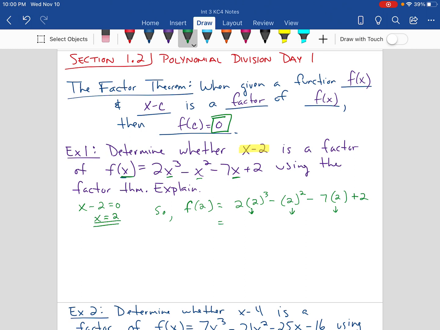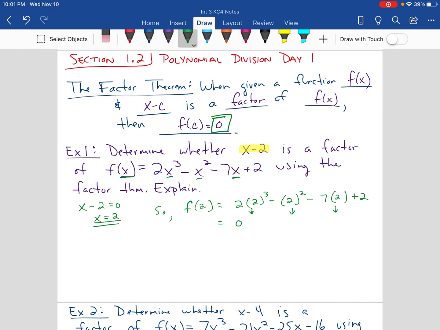You can use your calculator, not your phone calculator, so either one of the TI-Nspires in class or one on your laptop, or if you have your own, you are more than welcome to. Plug all of this into your calculator. Include parentheses. I know that the number is not negative and we usually use parentheses for negative numbers, but this is just going to get you in the habit of always using them so you're always right and the calculations aren't messed up. If you go ahead and do that, you will get 0 at the end.